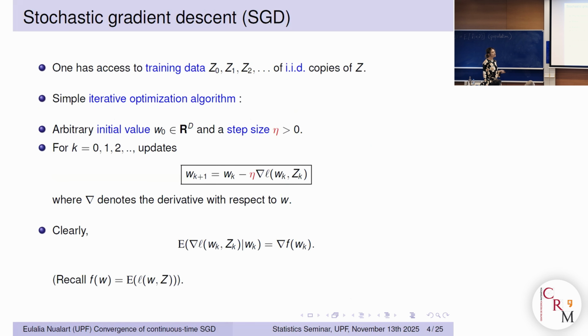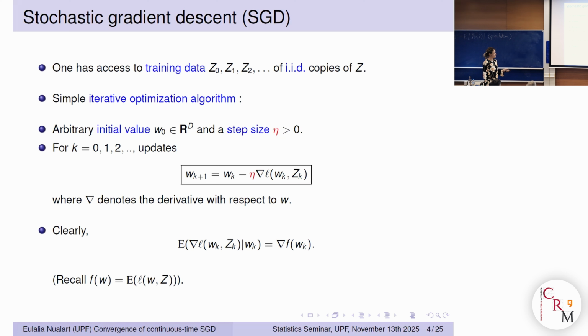We consider stochastic gradient descent. One has access to training data, which are IID copies of Z. Then we consider stochastic gradient descent: you start with an initial value, which is non-random for us, and a step size eta.